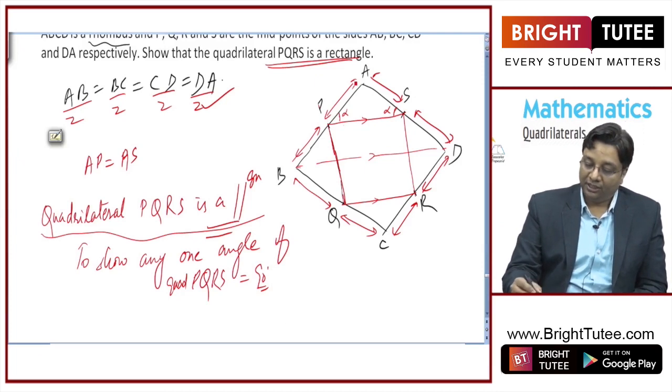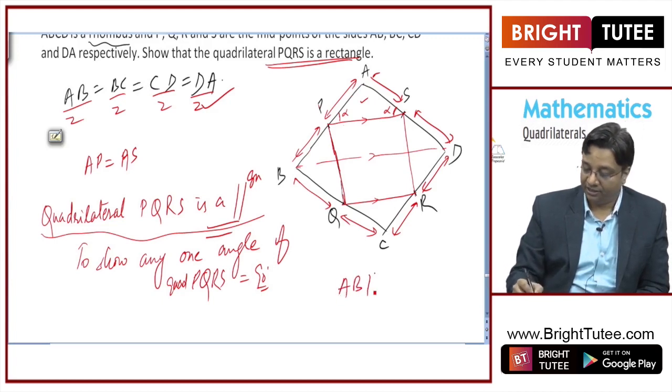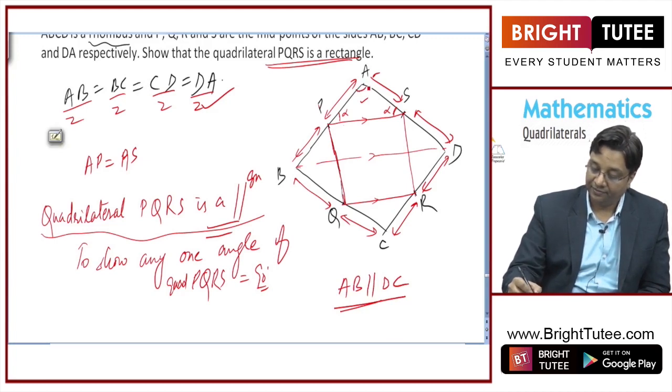Now I have shown you that segment AP is equal to segment AS, hence these two angles are equal because this is an isosceles triangle and base angles are equal. Another thing that you can see here is that AB is parallel to DC. So angle A and angle D are co-interior angles.